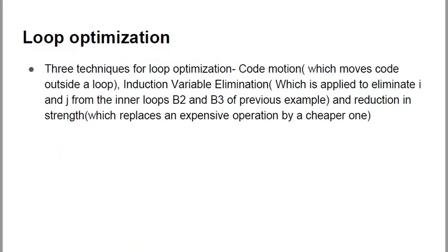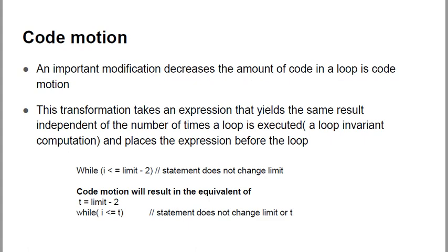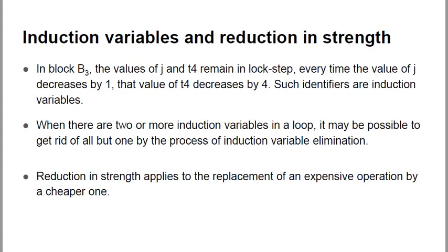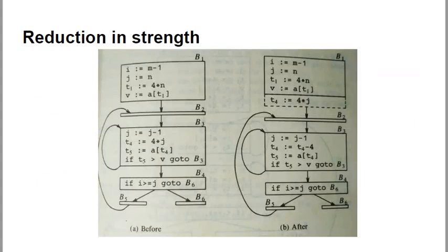Code motion comes under loop optimization, and induction variables and reduction in strength also come under loop optimization. The code improving transformations have been dealt with some effectiveness, and the number of instructions in the basic blocks is reduced. If we reduce our basic block instructions, we reduce our code, thus giving it an optimized form.